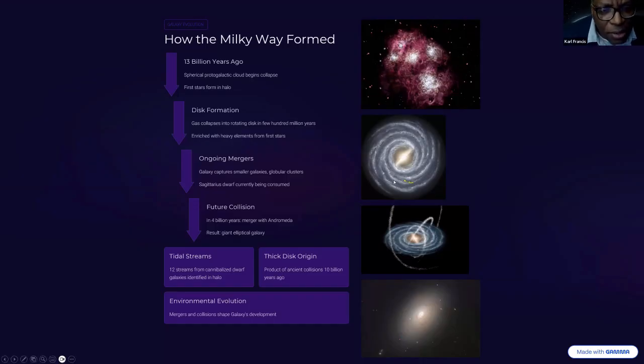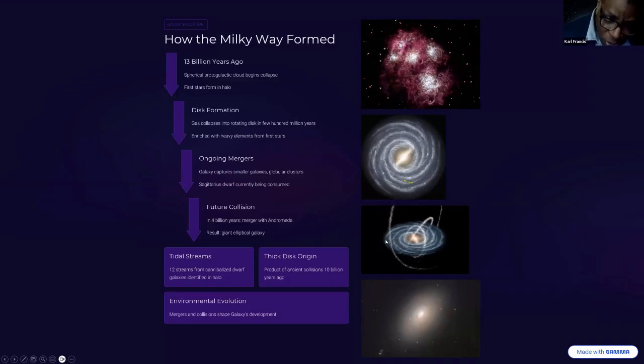Then we have what's predicted, the future collision, right? In 4 billion years, our galaxy is expected to merge with the Andromeda galaxy. The result's going to be this huge, giant elliptical galaxy. As you see here in the bottom picture, right? Now, in this picture right here, you see these streams of stars and dust and matter.